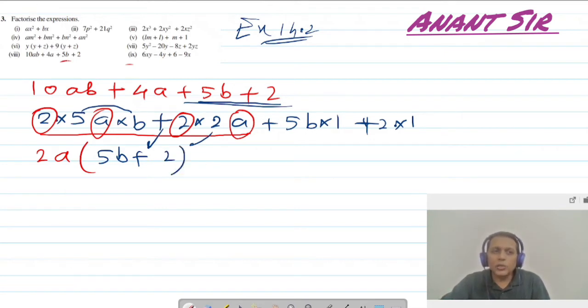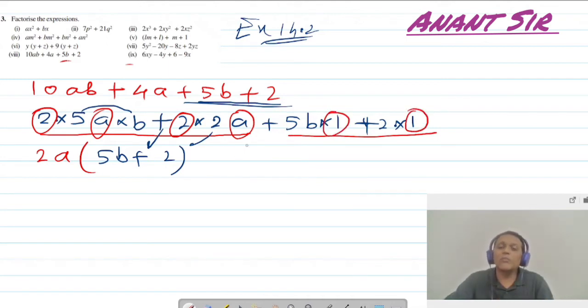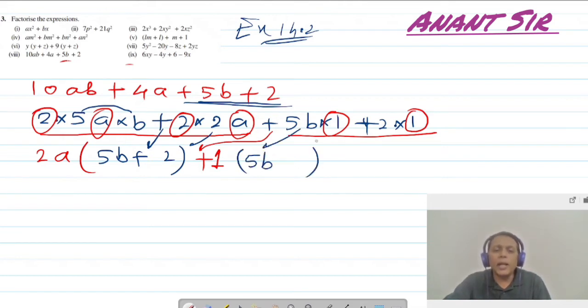Now, in the last two terms, what is it that I can take common? There was nothing. So, we multiplied both the terms by 1. Now, we are going to take 1 common, with the sign plus, the sign of the third term. What remains then? 5b again and plus 2.